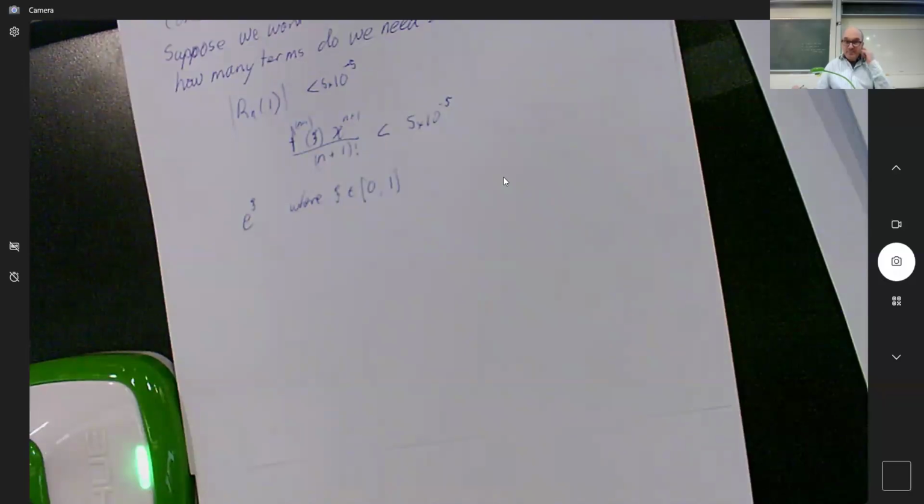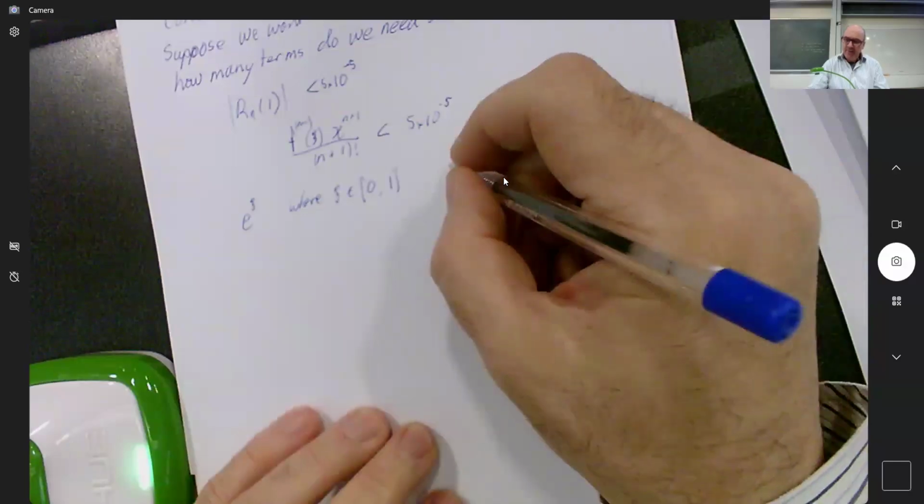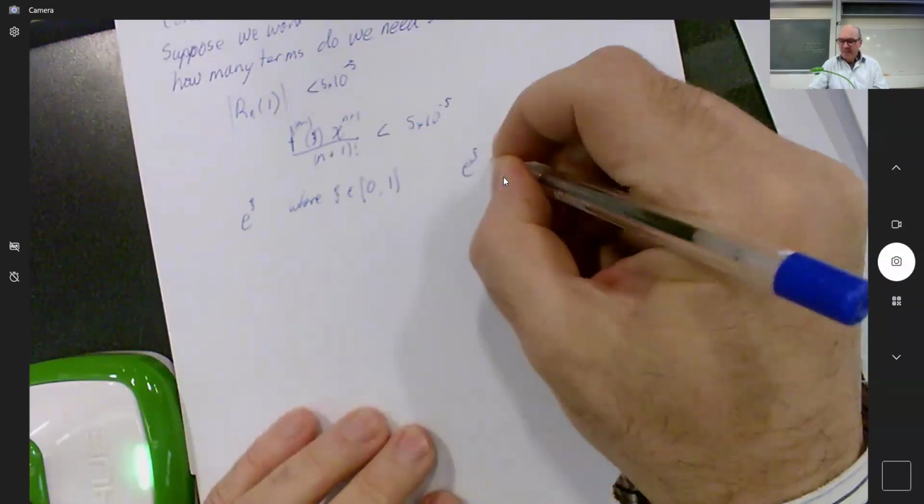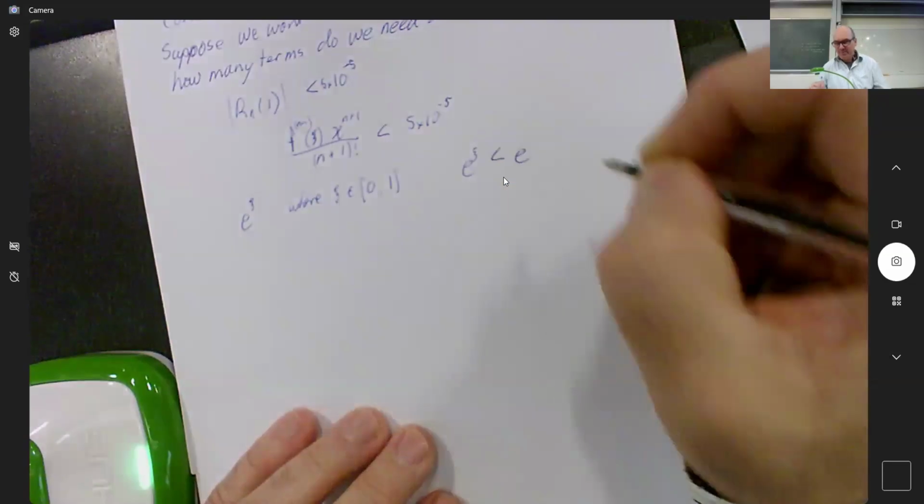Now, e to the x is an increasing function. So the maximum value is at that endpoint, when x is equal to 1. So this is going to be e to the xi less than or equal to e, I suppose.